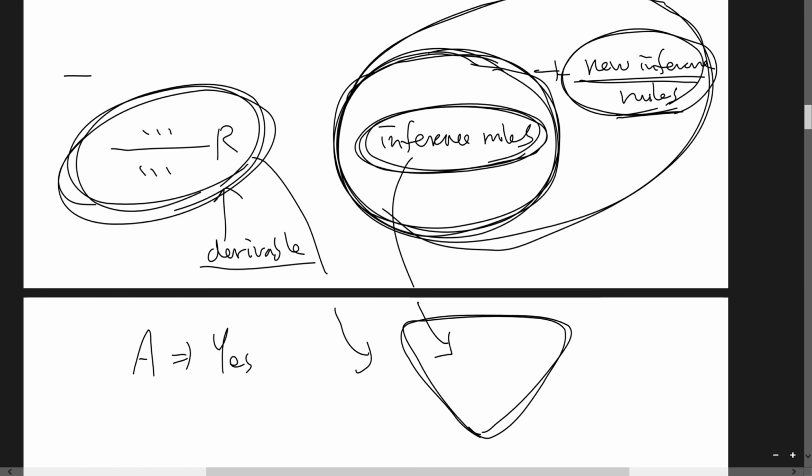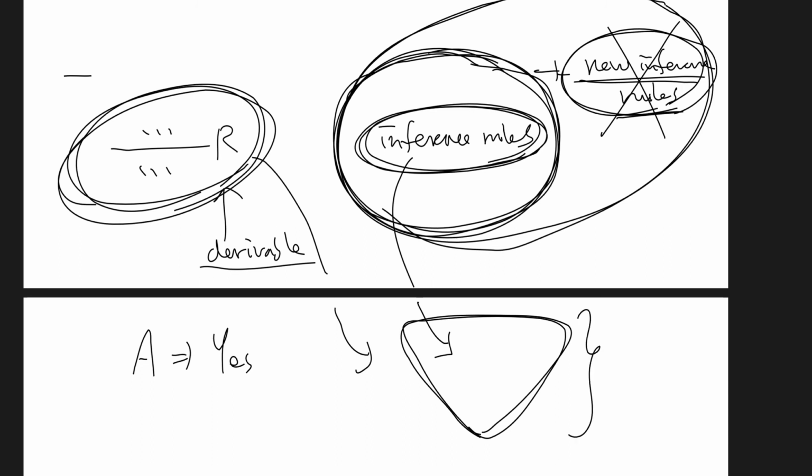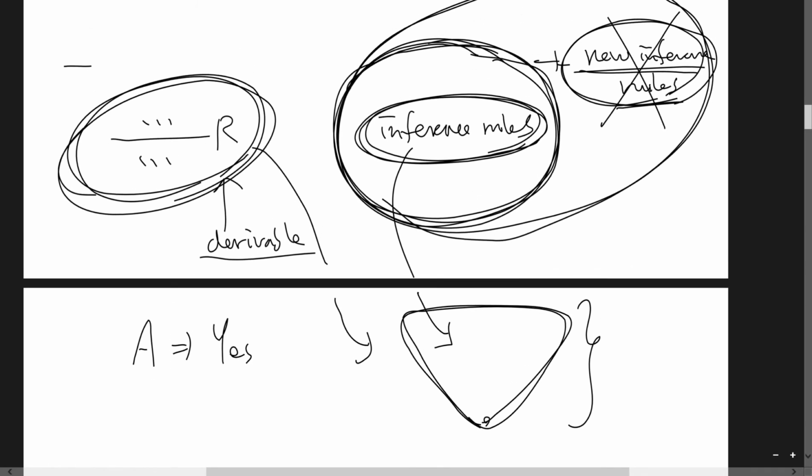In other words, we can just ignore these new inference rules and still this is a valid derivation tree. So even if this set of inference rules is expanded with the new inference rules, this derivable rule stays derivable.